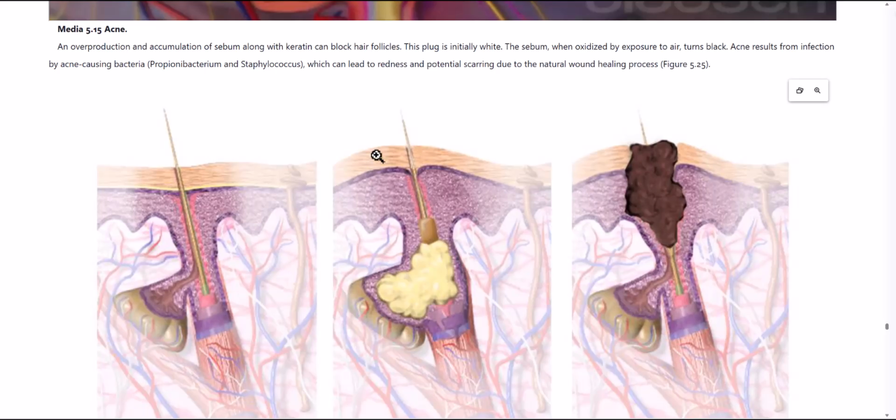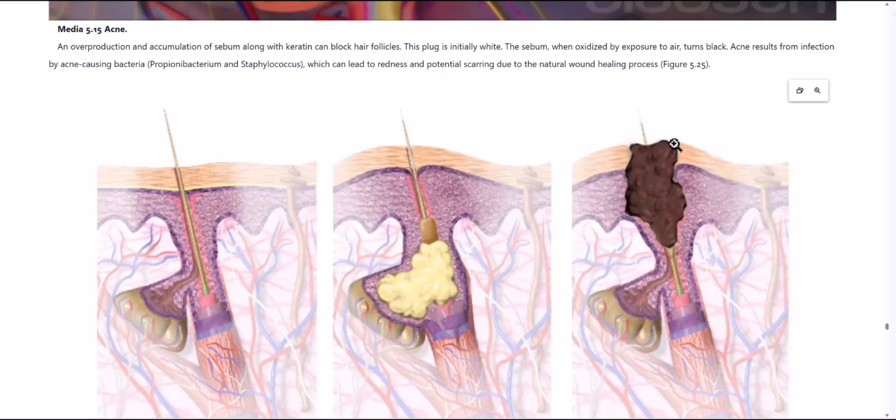And there might be some pressure or some surface signals of that whitehead as it moves toward the surface and be uncomfortable. At some point, that whitehead will break through the surface, and when it becomes exposed to the atmosphere, the whitehead will now become a blackhead.